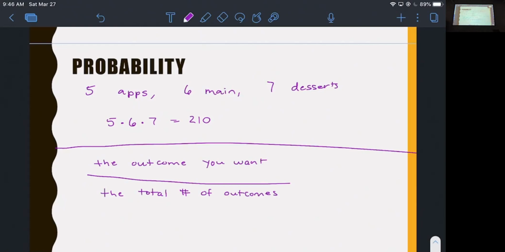That would be the probability of selecting a red. So probability in general is the outcome that you want to happen divided by the total number of outcomes. And those are the two big aspects of probability that you need to know how to do for the ACT. Questions on probability?